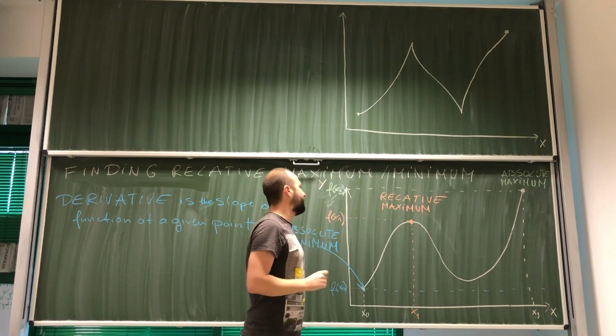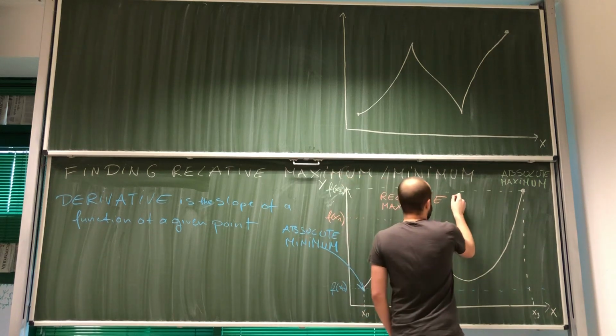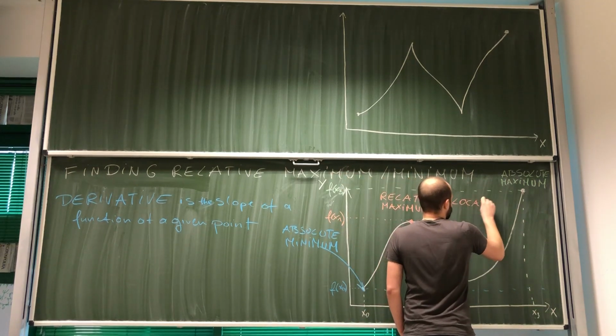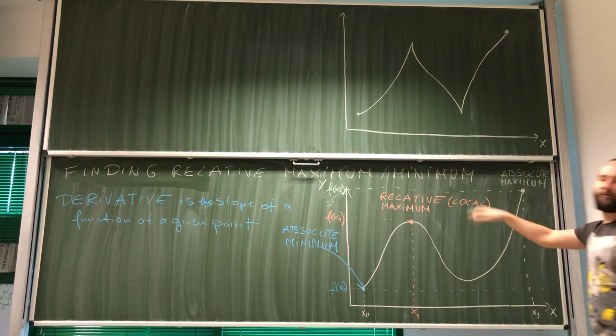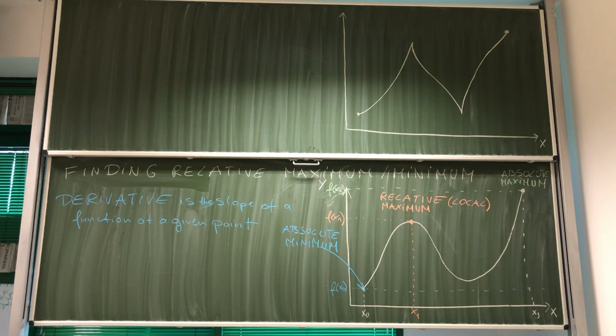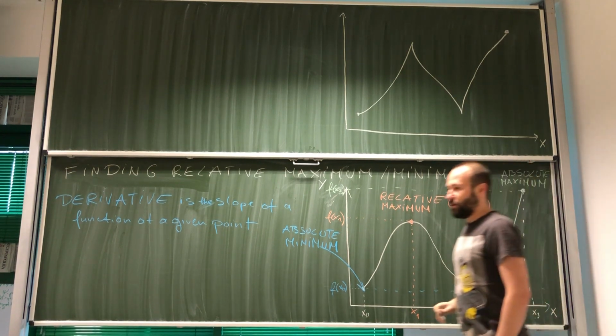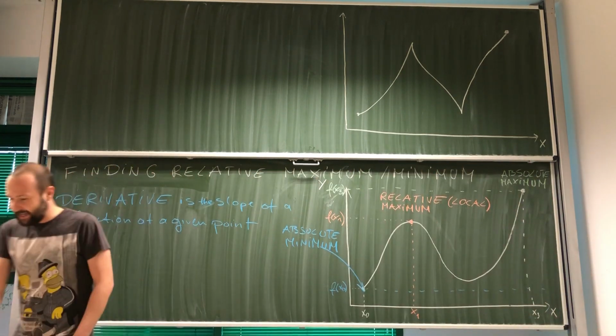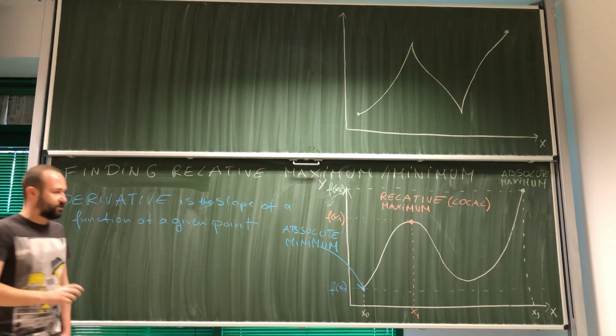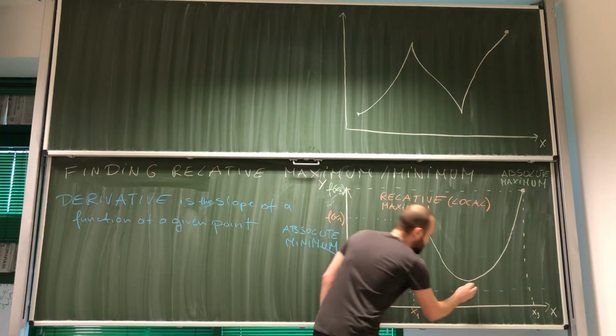The other term for relative maximum is local maximum. Both names are accepted.